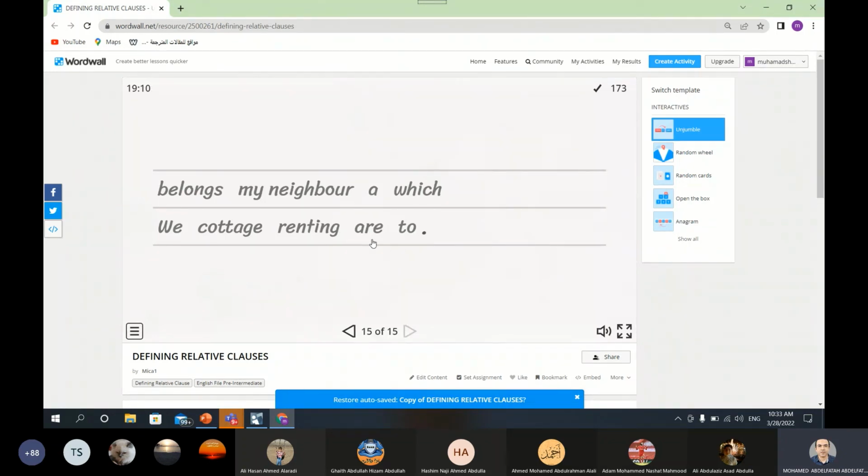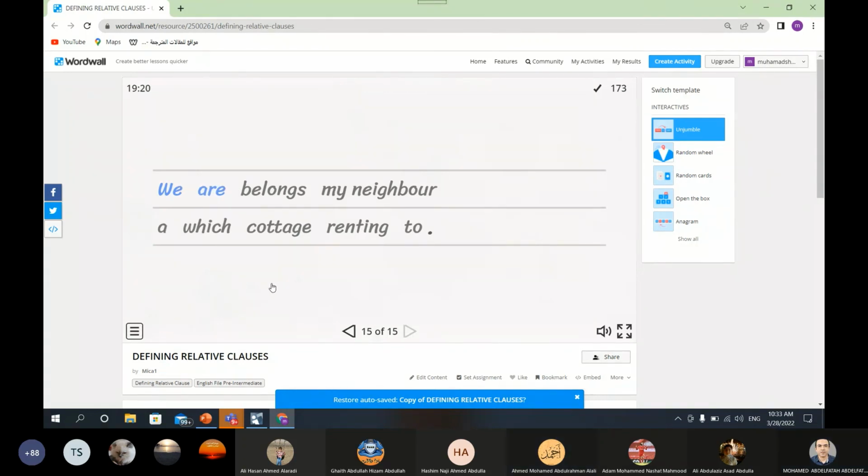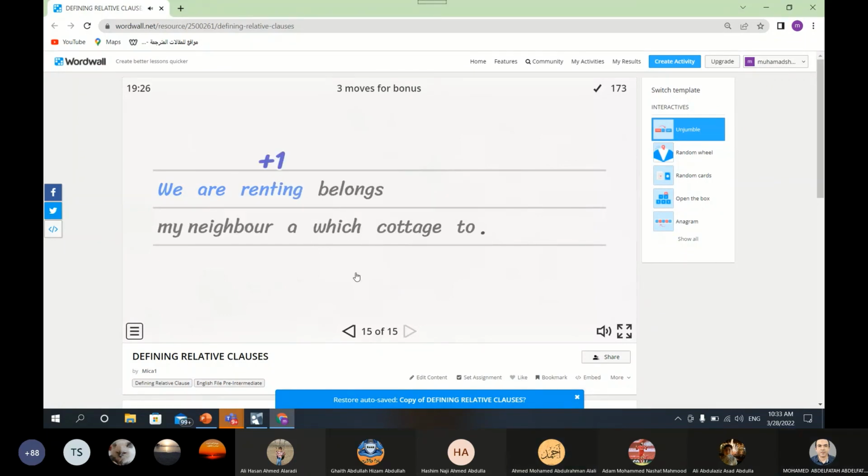We are. We is the subject of the sentence. And of course, we need a verb. The verb is are. We are what? We are renting a cottage.